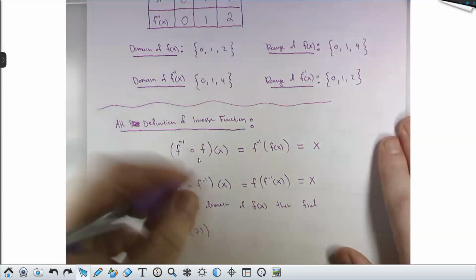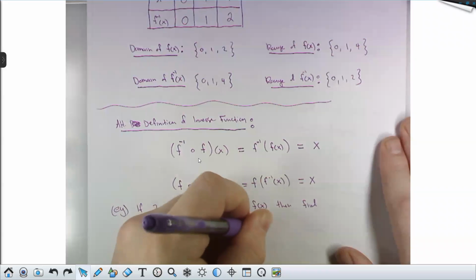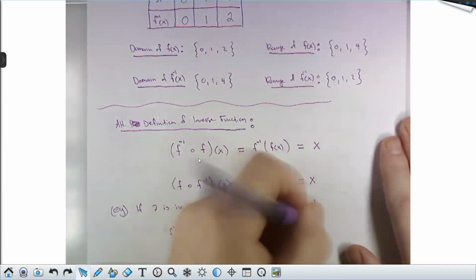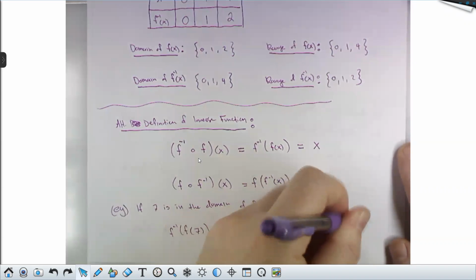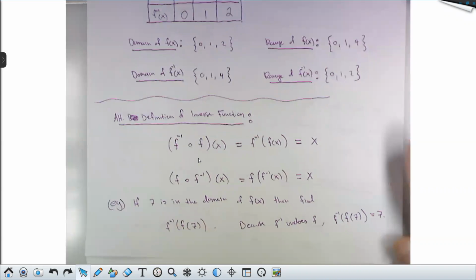Well, this is simple because f inverse undoes f. F inverse of f of 7 would just be 7. That's the idea. F of x sends 7 to some number, but then f inverse sends that number back to 7. You don't even need to know what f of 7 is to answer this question.